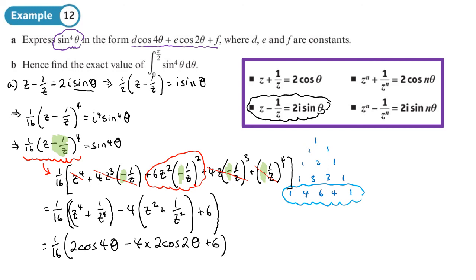And then we can simplify that. So 2 over 16 becomes 1 over 8 cos 4 theta. 4 times 2 is 8. 8 over 16, that becomes a half.